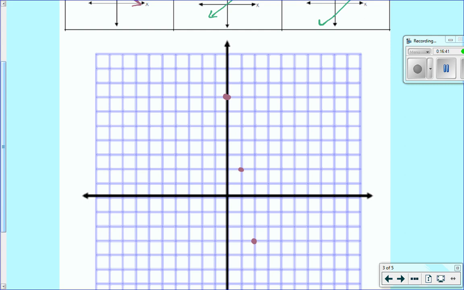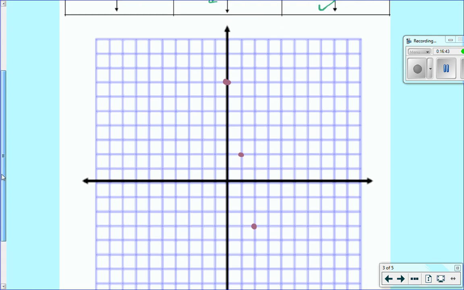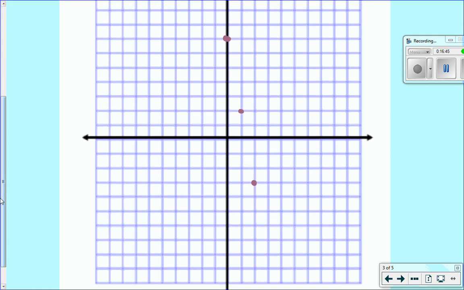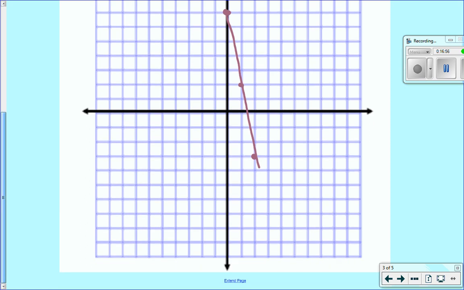So now that we have 3 points, go ahead and draw a line as straight as possible. And notice that my arrow goes off the graph.